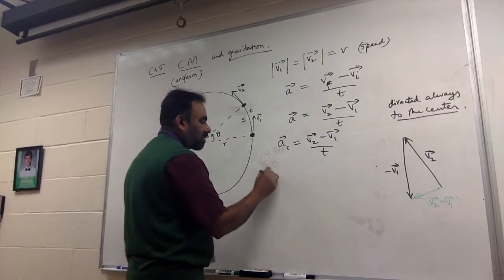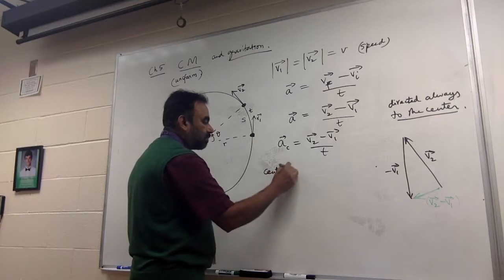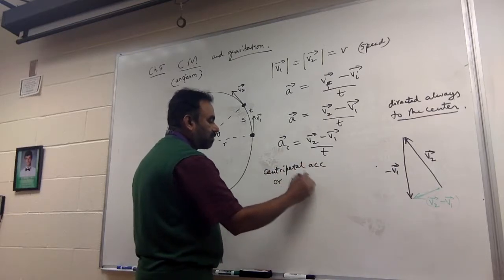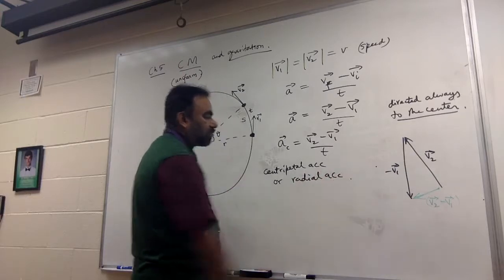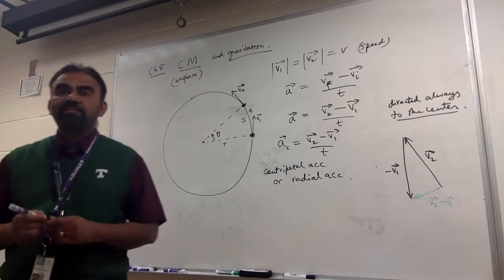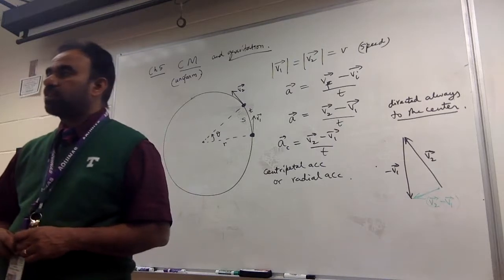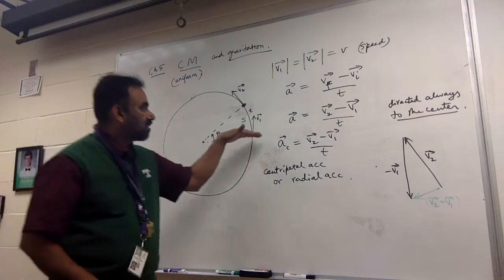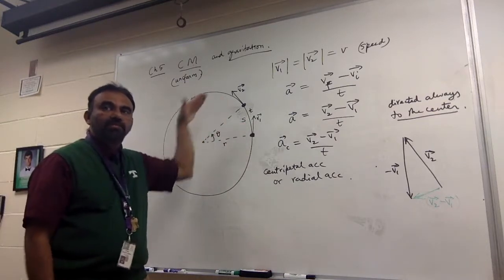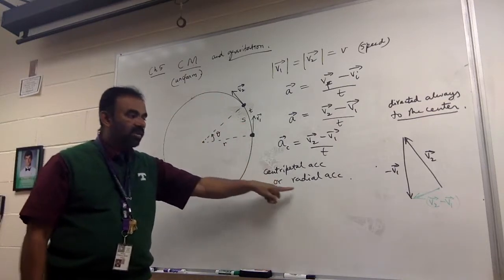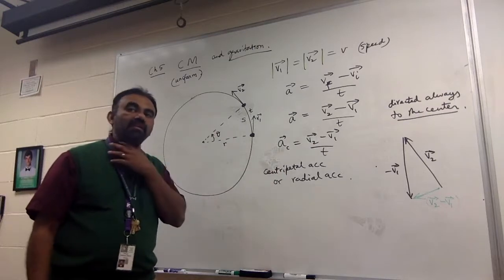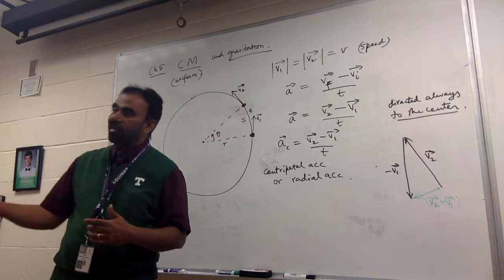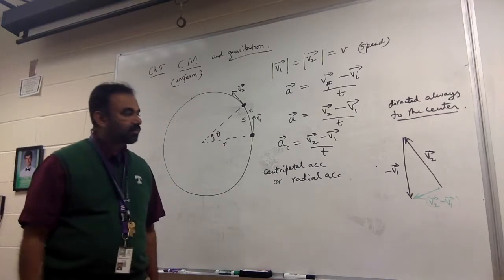So this is centripetal acceleration or radial acceleration. Why is it called radial? Because that acceleration is along the radius, wherever it goes. That's why it's called radial acceleration. But there's another term for it, centripetal acceleration. So all centripetal accelerations are radial. Okay.